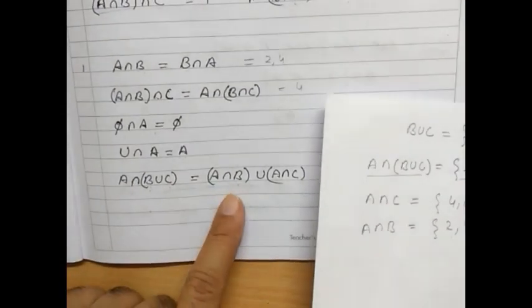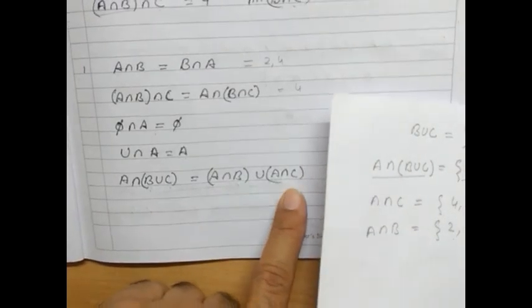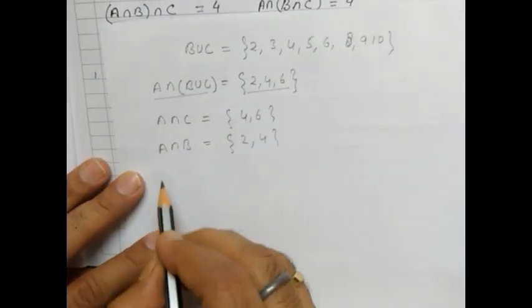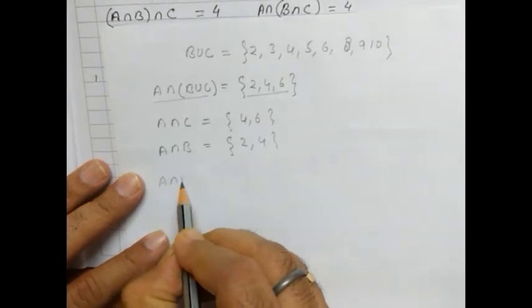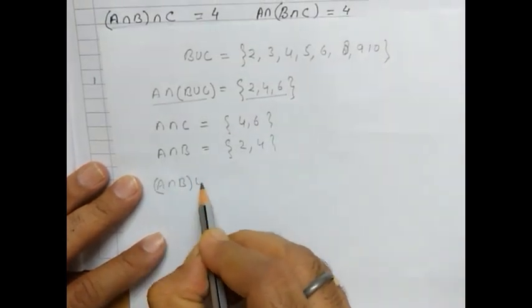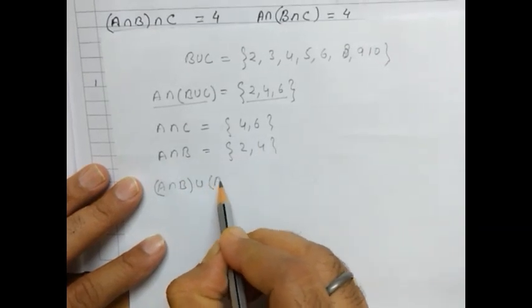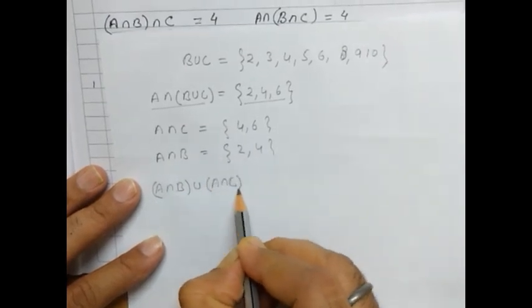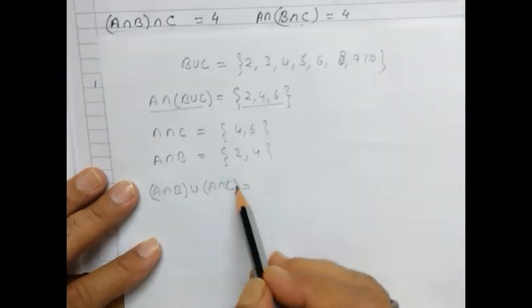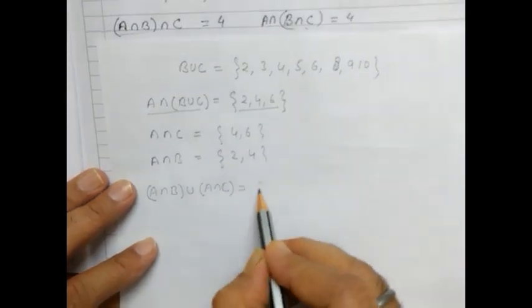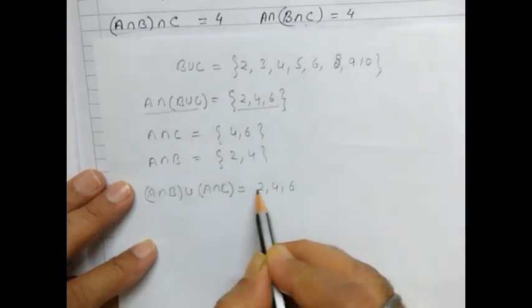Now we have here A intersection B union of A intersection C. If we say the union of these two, here it will be 2, 4 and 6, isn't it? So this is satisfied, it is satisfying the left hand side as well as the right hand side.